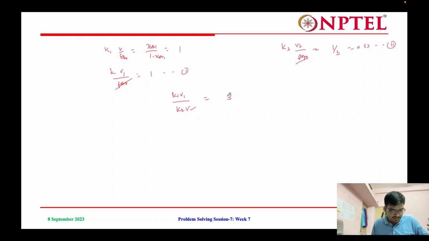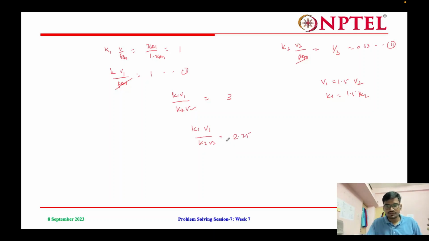Now to check the consistency based on the given data, V1 equal to 1.5 V2 and K1 equal to 1.5 K2, right? So K1 V1 by K2 V2 equal to 2.25.